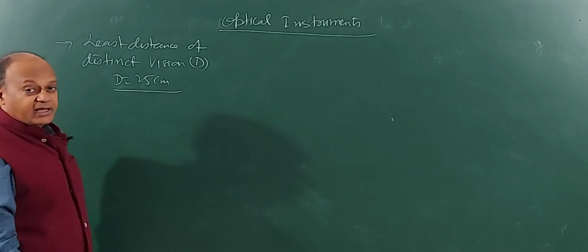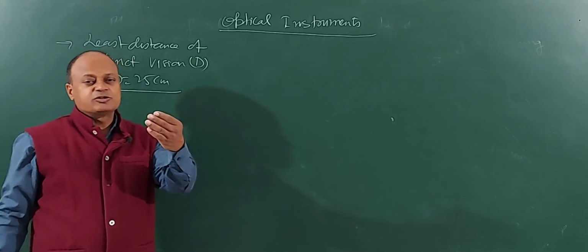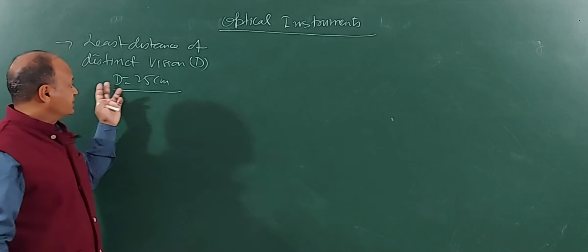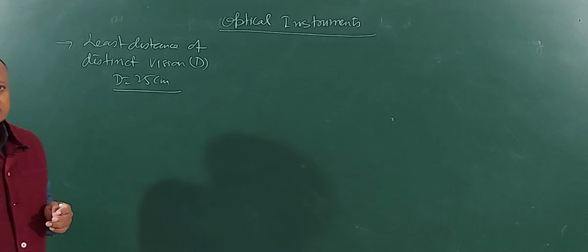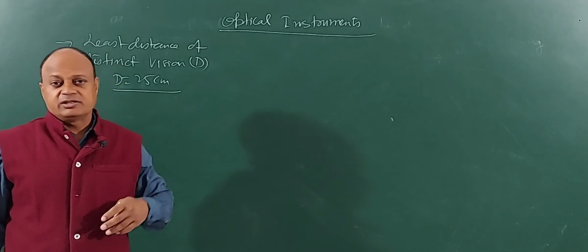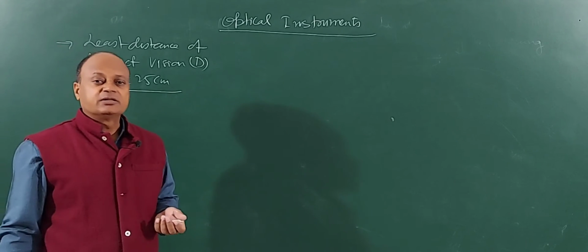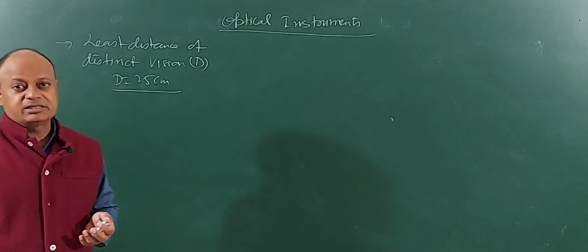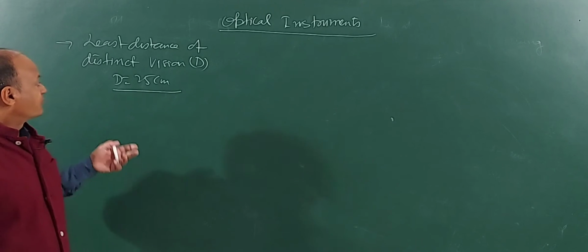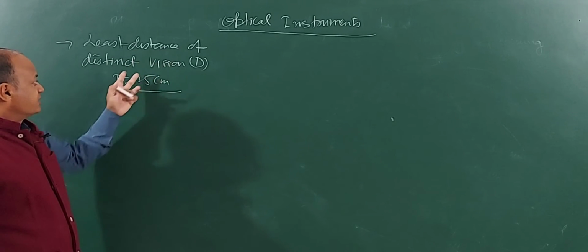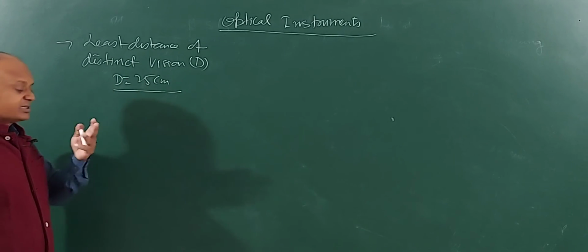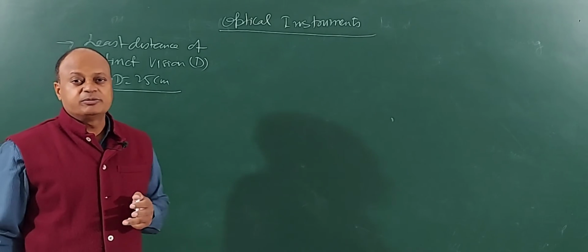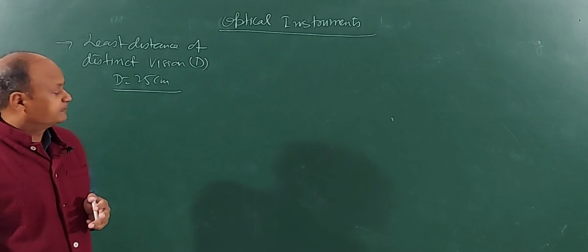So, for a normal healthy eye, an object will appear sharpest when the distance is 25 centimeter, and we call it the least distance of distinct vision. If you have impaired eyesight, then of course you require it to be compensated using specs. Least distance of distinct vision is 25 centimeter. It is the distance at which an object will appear sharpest to the normal healthy eye.